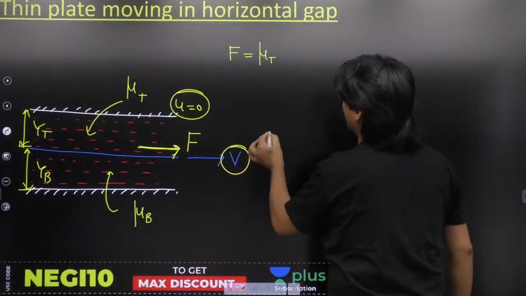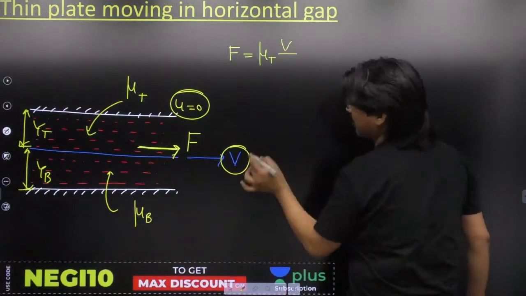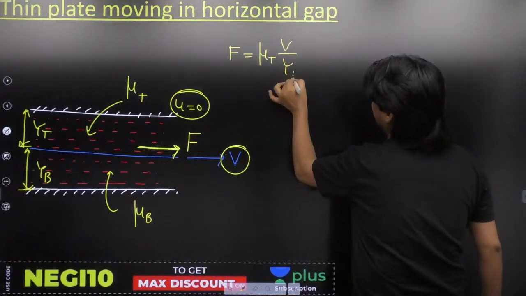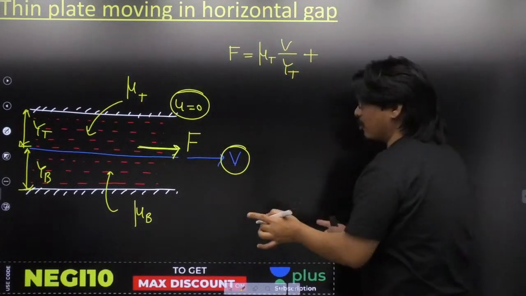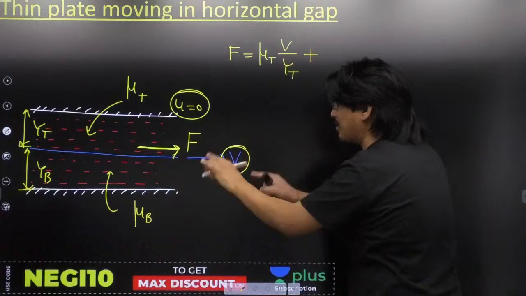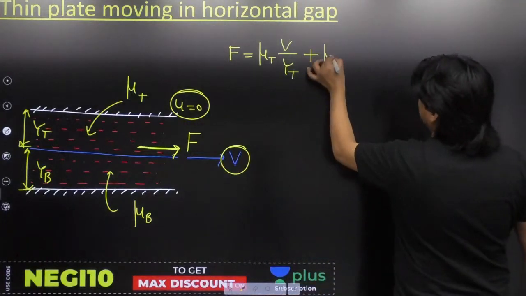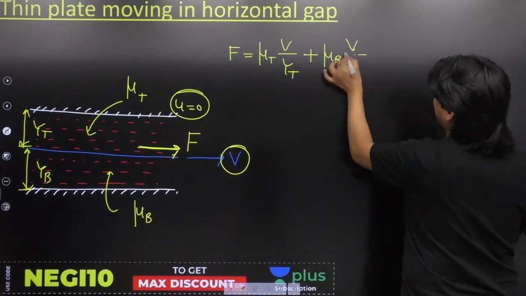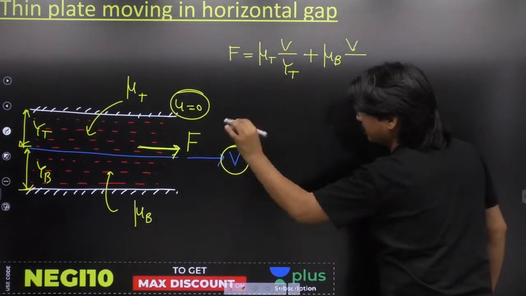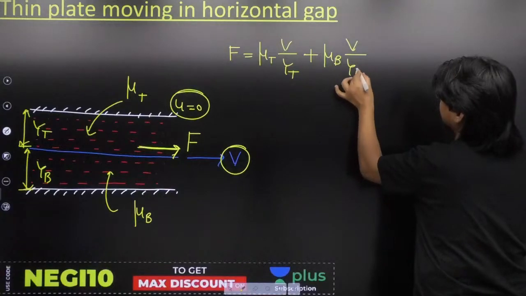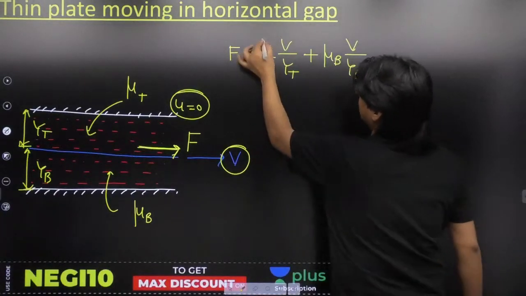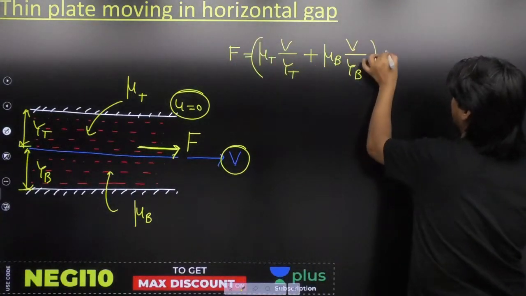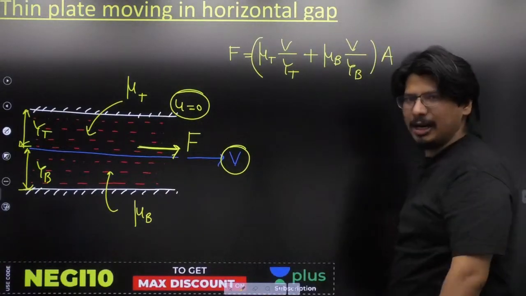So V minus 0, V divided by the distance YT, plus shear force applied by the bottom fluid, mu B capital V divided by YB, into area. Correct, na? Into area.